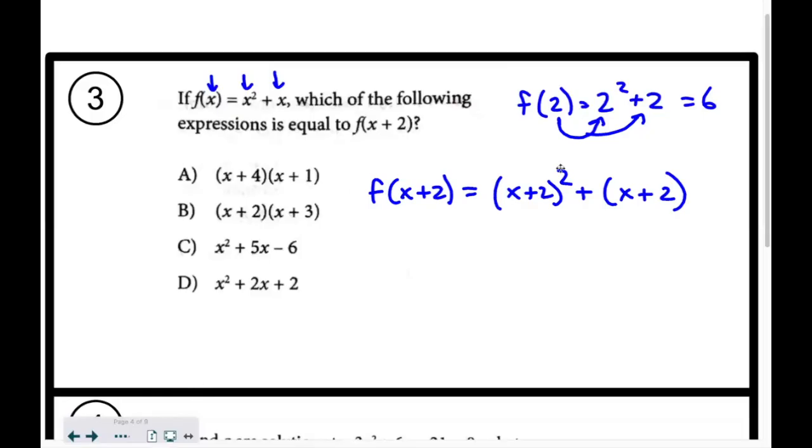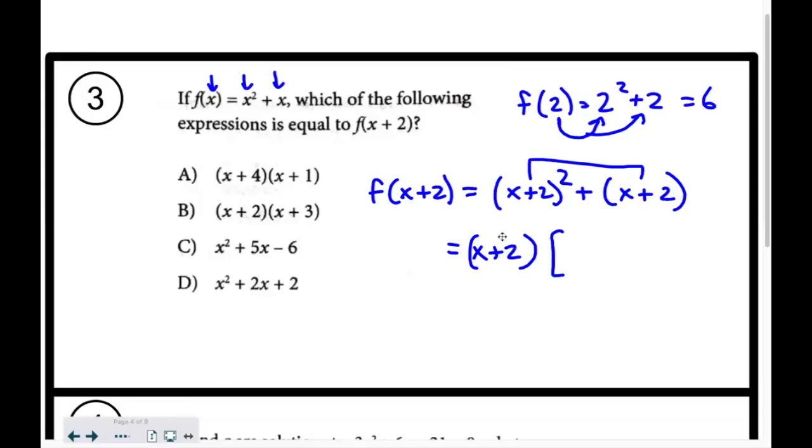One way to simplify would be to actually square this out, combine like terms, and then refactor it. But there is a quicker way. We can just factor it right away. These two terms have an x plus 2 in common.